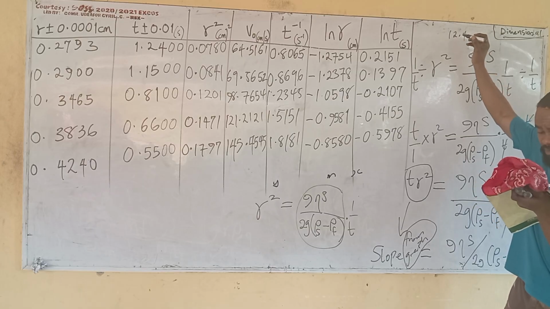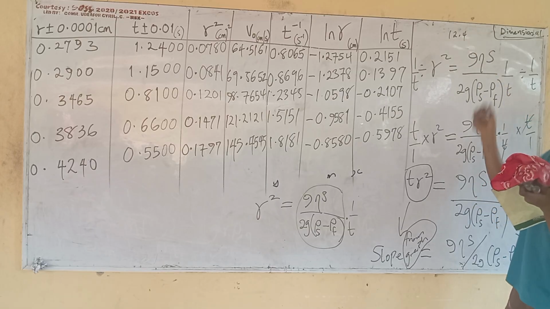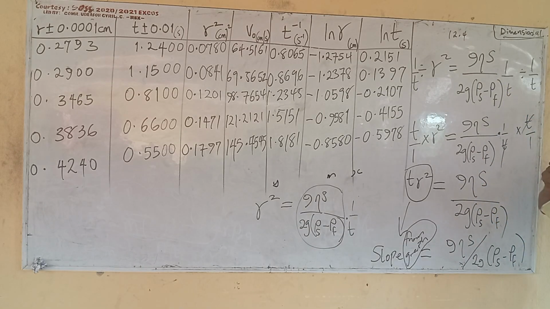12.4. Okay, it is a ball bearing of specific gravity, and for the liquid density I'm seeing 1.4. Right? Then the ball, they didn't give us the ball density.